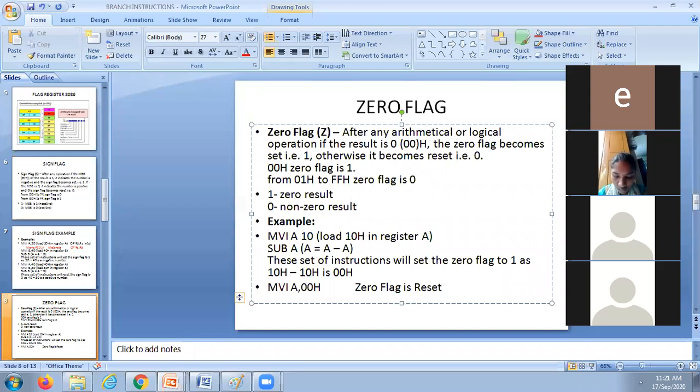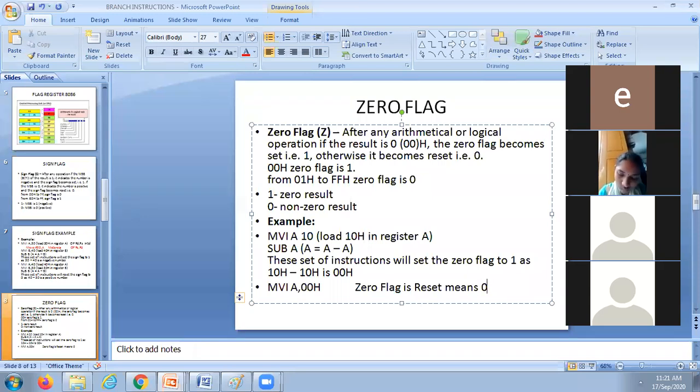Here, move immediate A comma 00. Even though 0 is loaded into A, the zero flag is not set here. That is reset, that means 0. Is it clear?